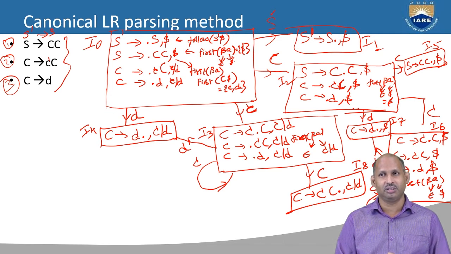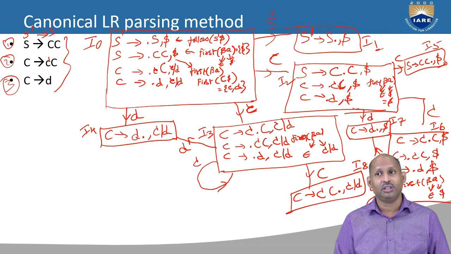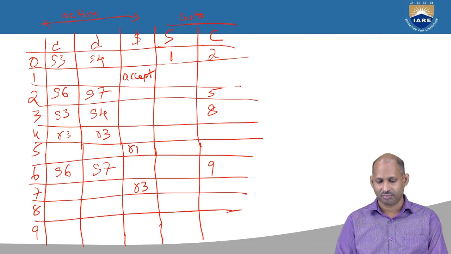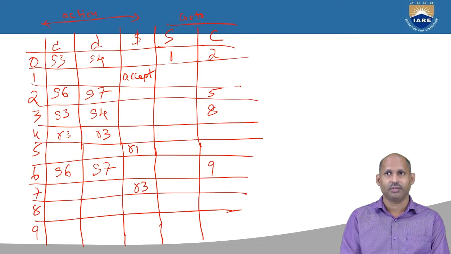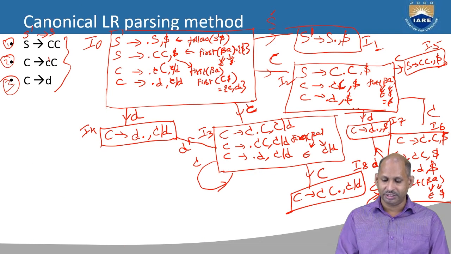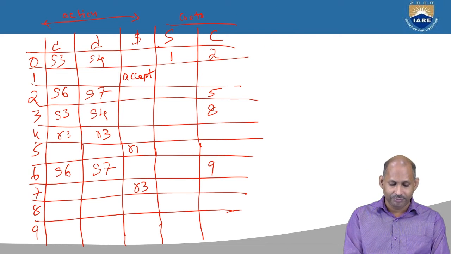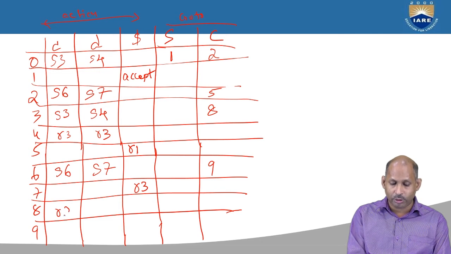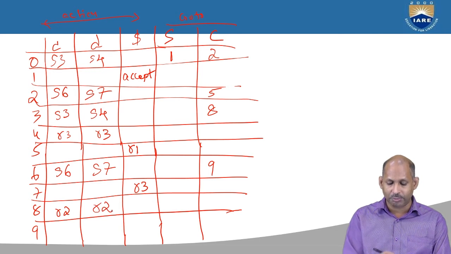What are the locate symbols? The locate symbols are C and D. So, eighth state, in the eighth row, in both the columns, C column and D column, we write reduce the production number 2.